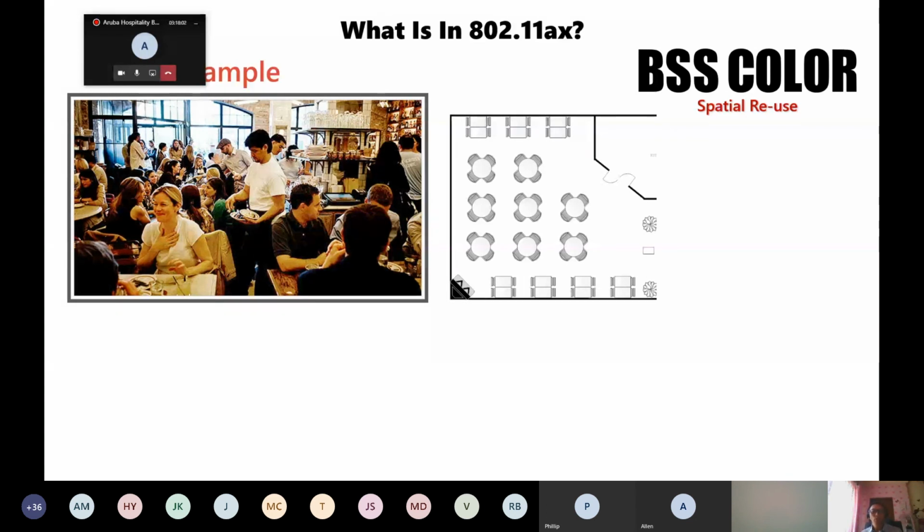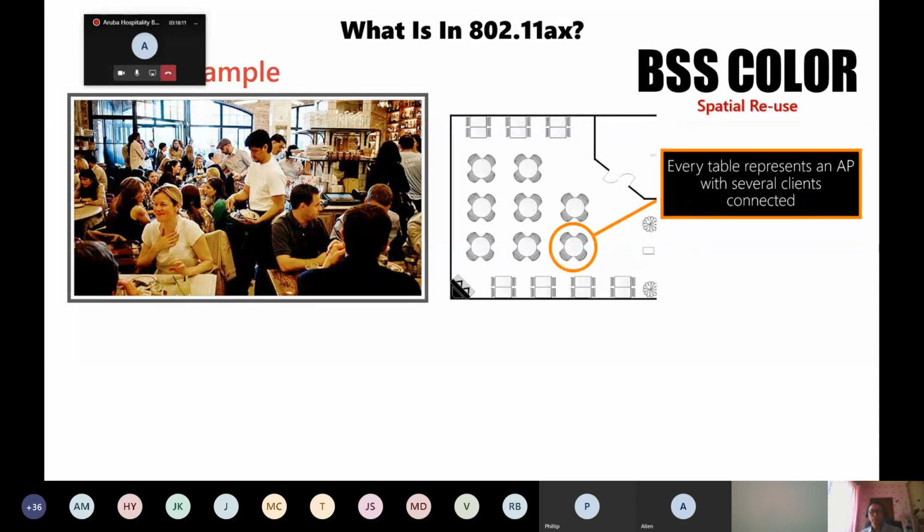Whatever you hear, if you didn't understand, this is the one you want to pay attention to. Imagine in a restaurant, and we have all been there before, every table represents an AP with clients connected. So if you're seated at a table, you are either an AP or a client, and you're talking to your friends who are clients connected to an AP.